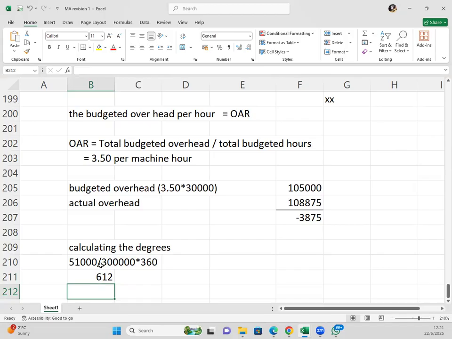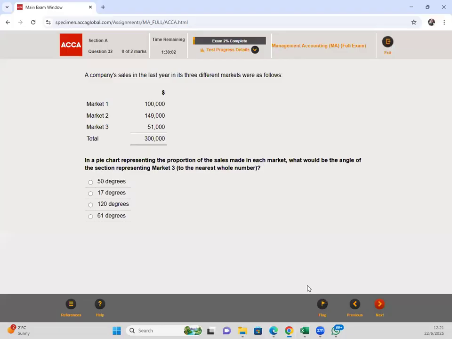Was it 612 degrees? That one is not possible. I think I made a mistake. Let me check the amounts again. It's 51 over 300 times 360. Let's redo that calculation.